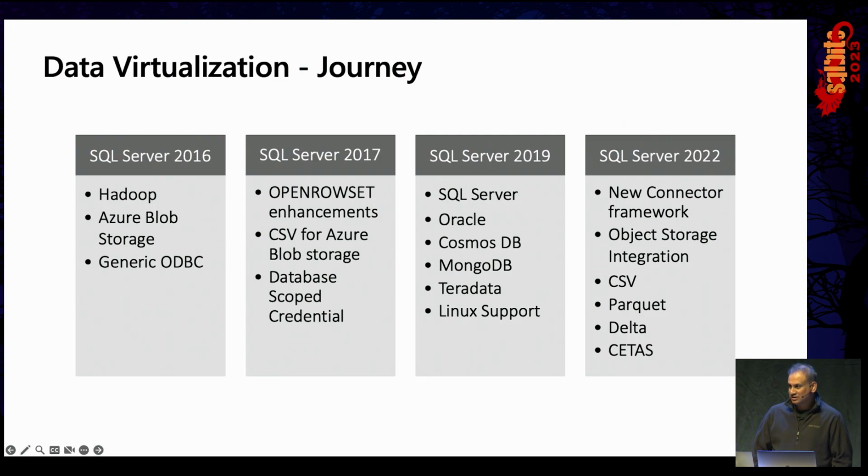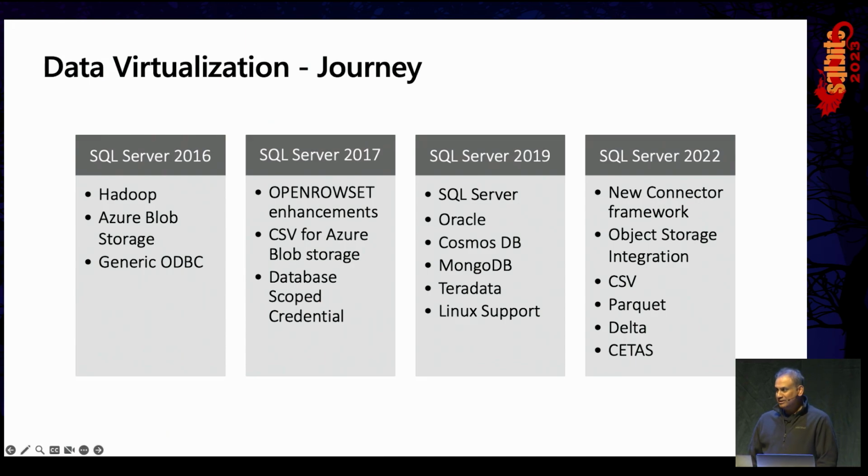And as the industry moved along and we talked to a lot of customers who are storing data outside their traditional relational database, it was important for your traditional SQL customers to be able to query this data and operate on it to do the analytics. So in 2017, we introduced OPENROWSET enhancements, which allowed you to explore the data situated outside of your SQL Server database, as well as support for CSV files and database scoped credentials.